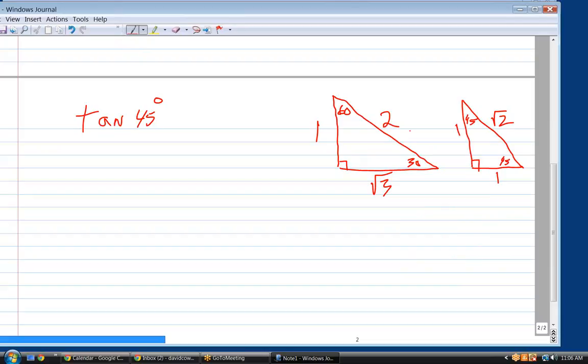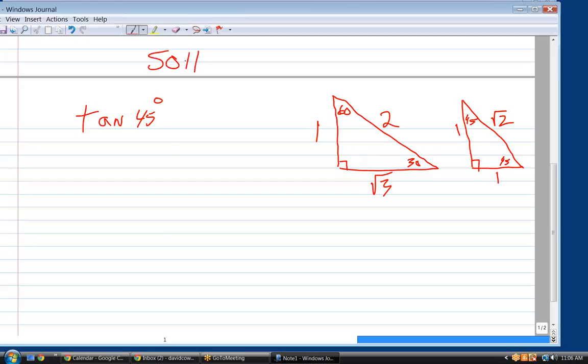All right, so as long as you have these two triangles memorized and you know SOHCAHTOA, then you should be able to figure out all of your major angles. In other words, 30, 45, and 60 for all 6 trig functions.